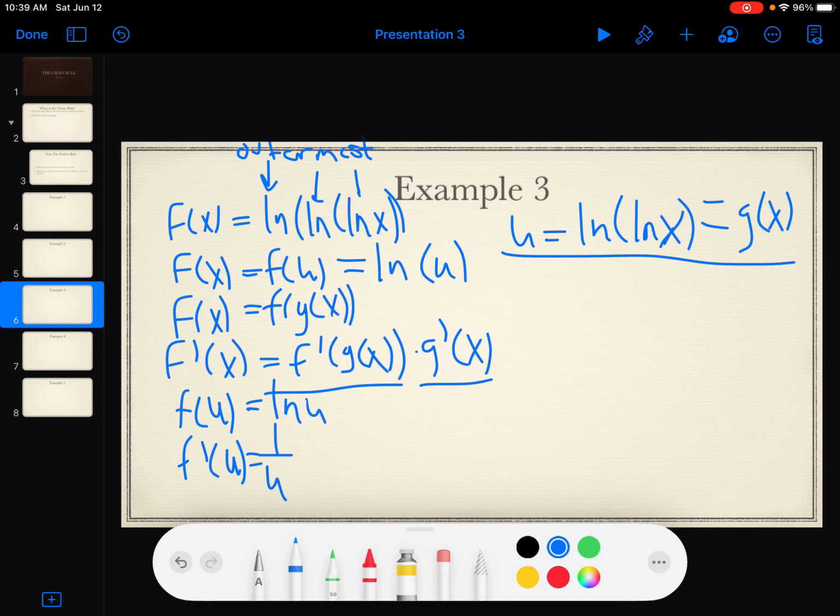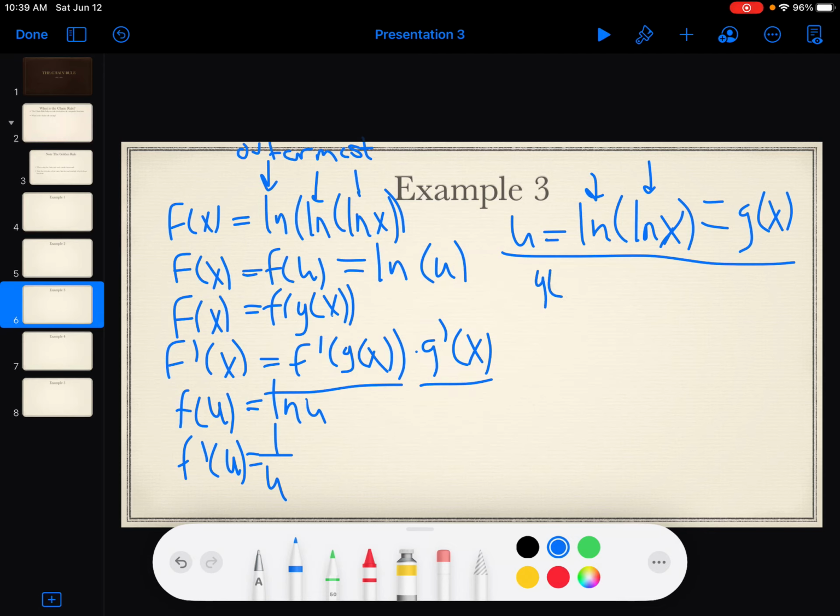But here's where I'm not going to drag you guys through another composition. We have our outer function and we have our inner function. We can treat this inner function as we did before. We could just imagine it to be a different variable, maybe w or whatever.